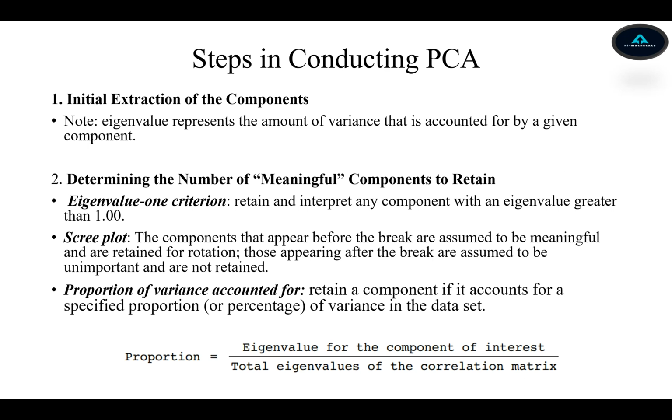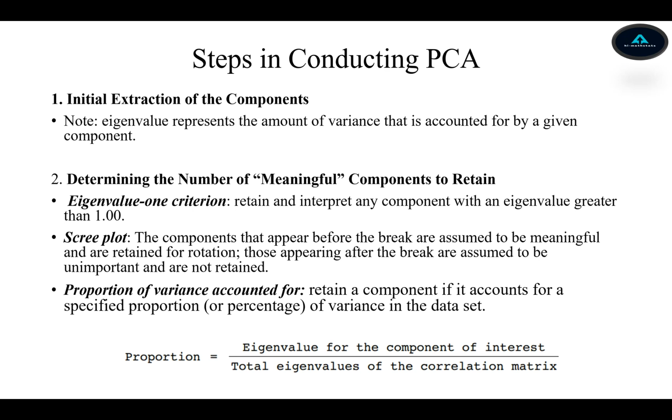We have certain techniques that we can use. The first one is the eigenvalue 1 criterion. With the eigenvalue 1 criterion, we retain and interpret any component with an eigenvalue that is greater than 1. Next, we can use a scree plot.